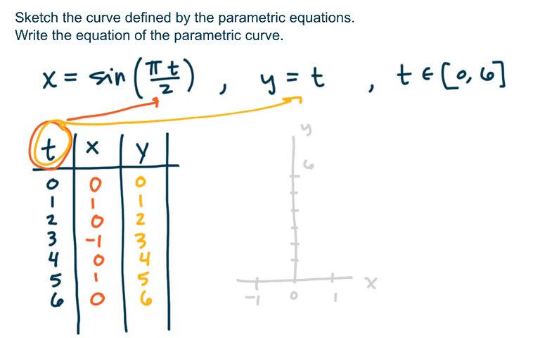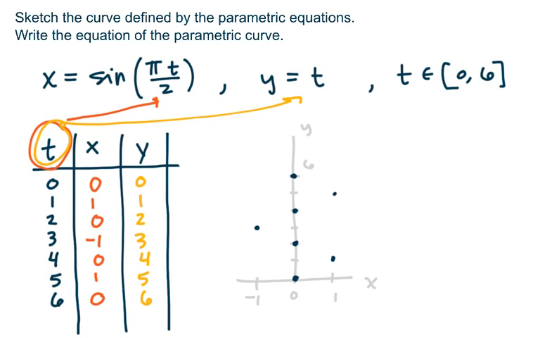All right, so what these points would look like if I plot them: 0, 0; over 1, up 1; 0, up 2; over -1, up 3; over 0, up 4; over 1, up 5; and then we've got 0, 6.